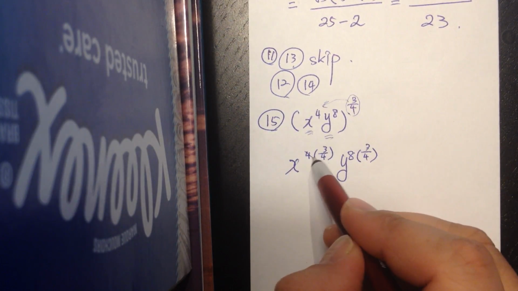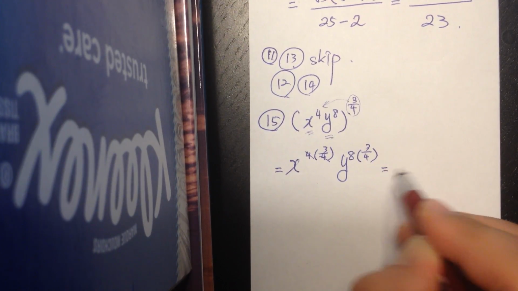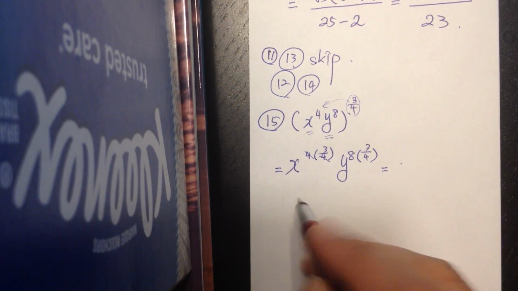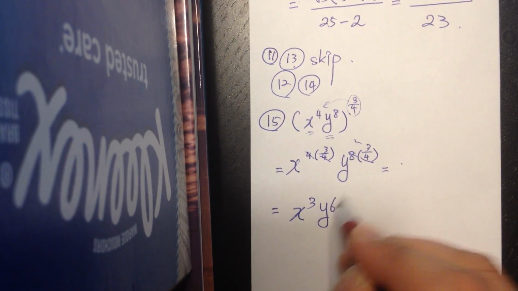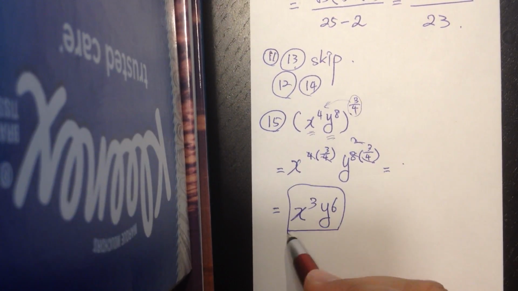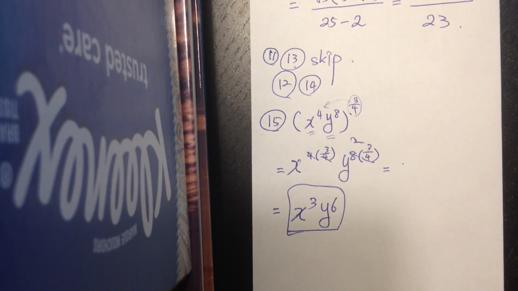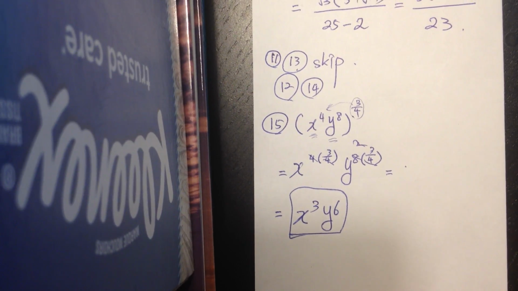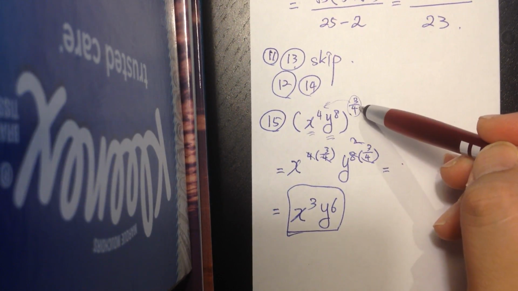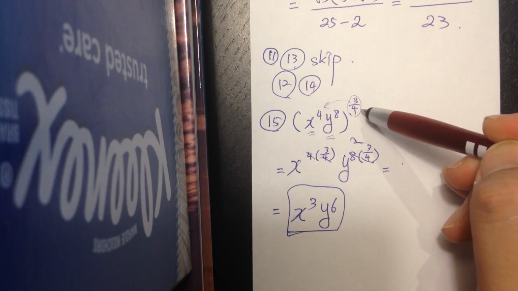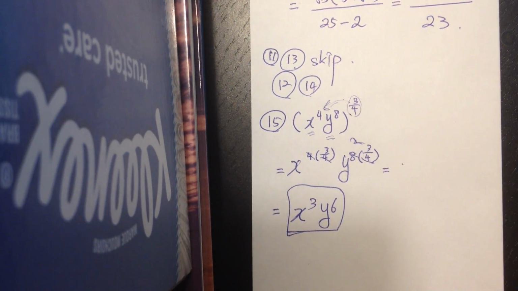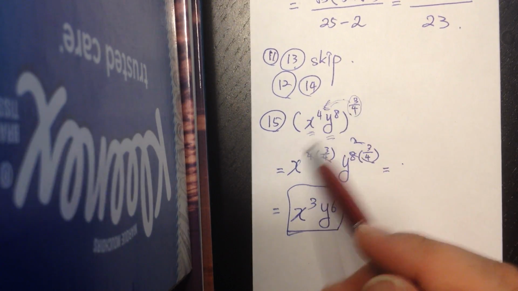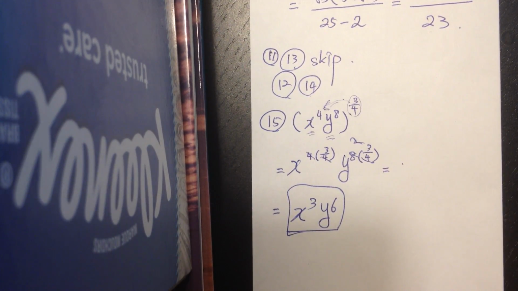And of course, you do this. So you're going to get x to the 3rd power, y to the 6th. And that's the answer. So it kind of looks weird, the fact that we have fractions in the exponent, but as far as the operation is concerned, it still remains the same, meaning we will multiply and so forth, okay?